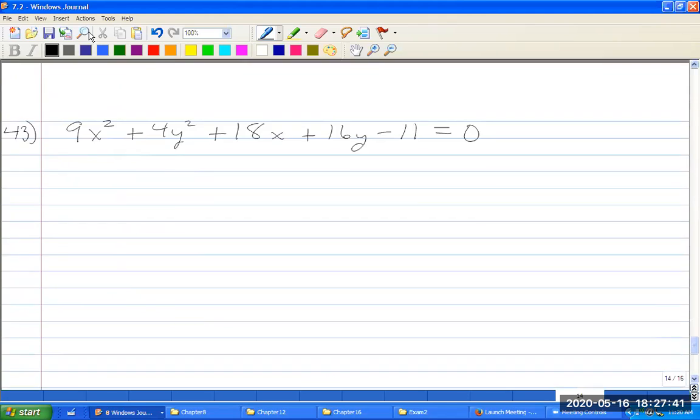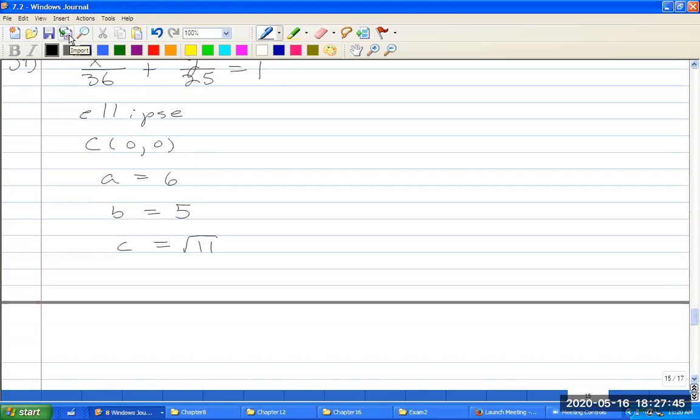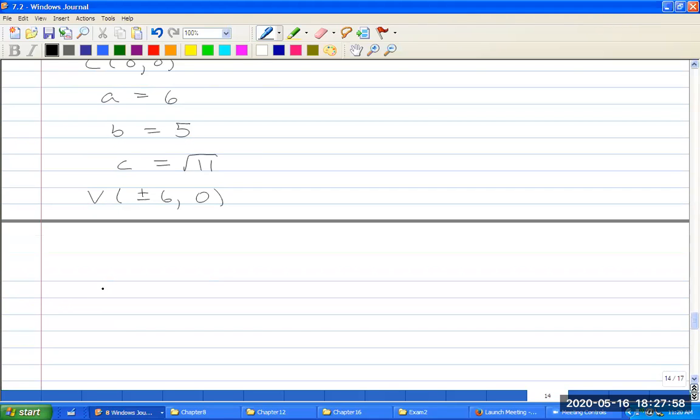Now the vertices: are they going to be at plus or minus 6, 0, and 0, plus or minus 5?